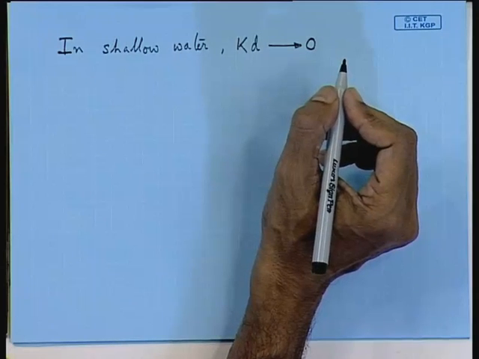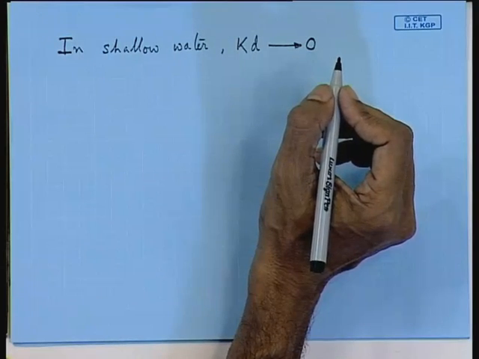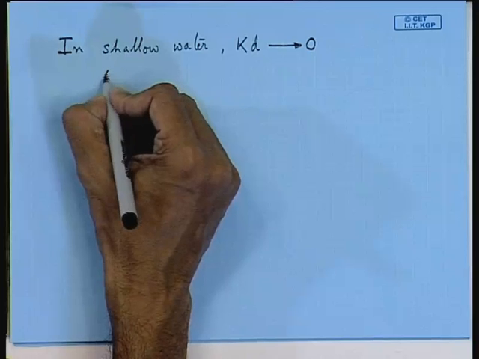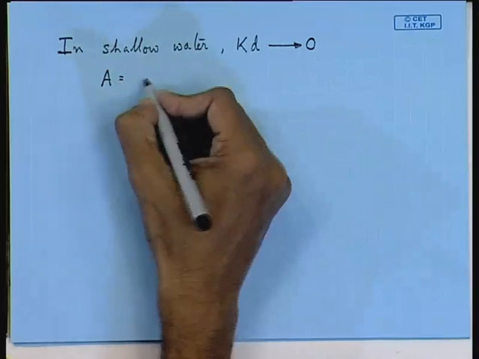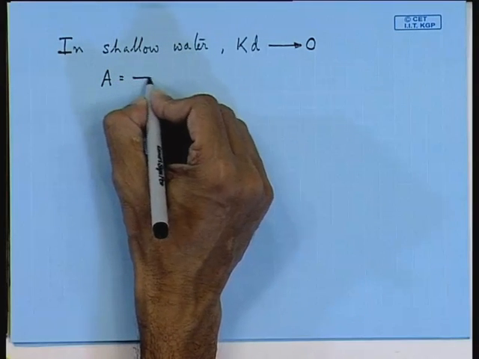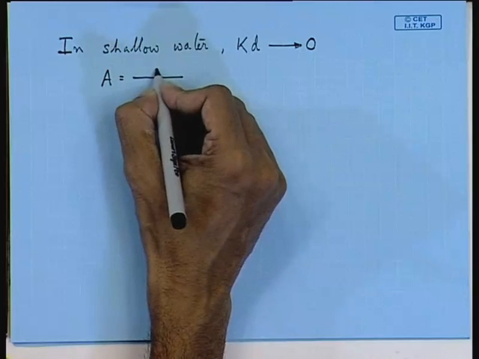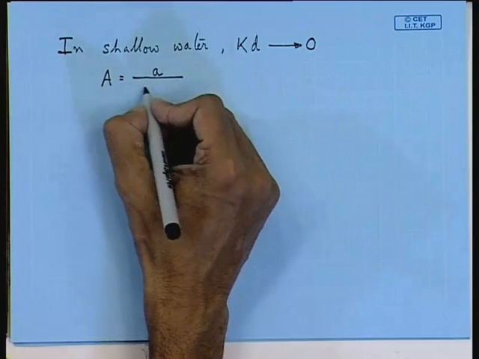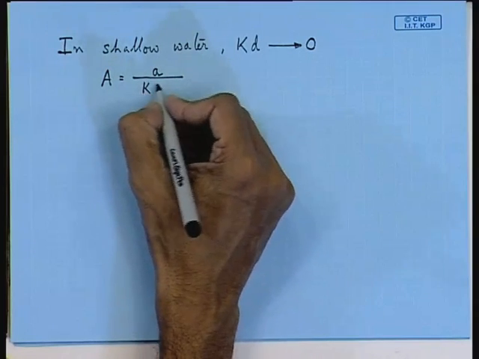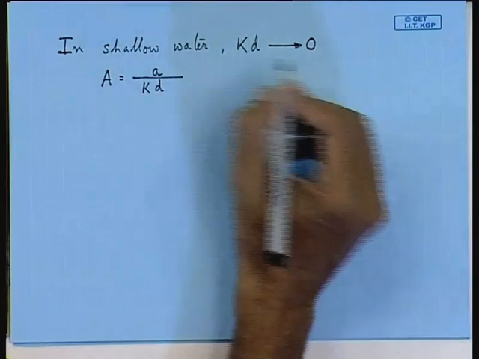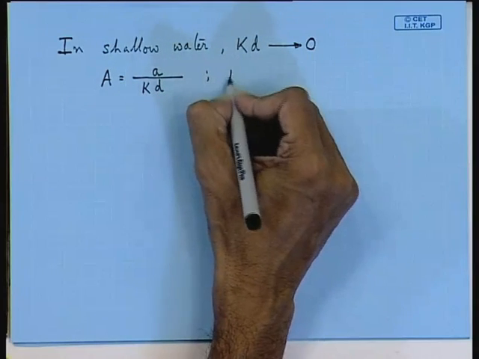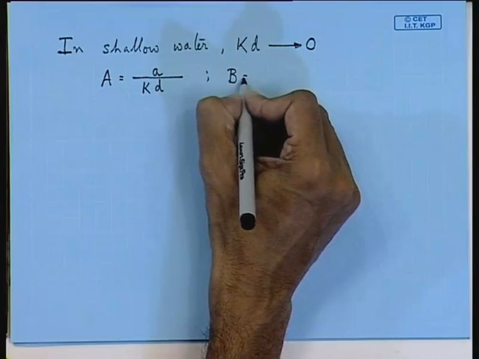Then what is the value of A? Now, A will reduce to, this you can work out in your hyperbolic expressions. If you work out the trigonometric hyperbolic expressions, you will find this is the value of A, and B will reduce to this value.